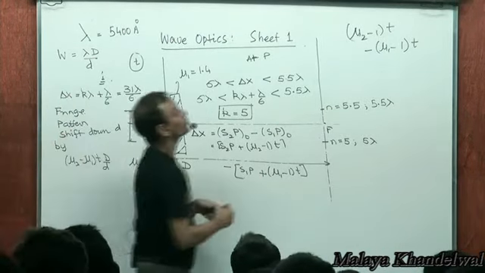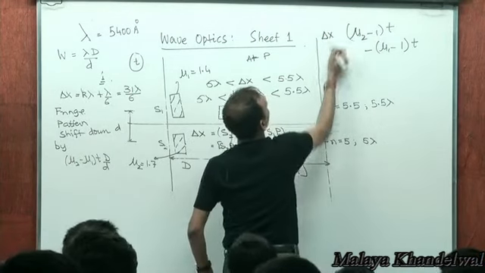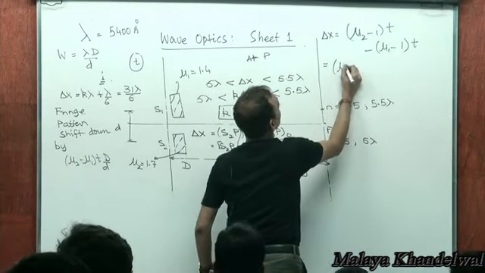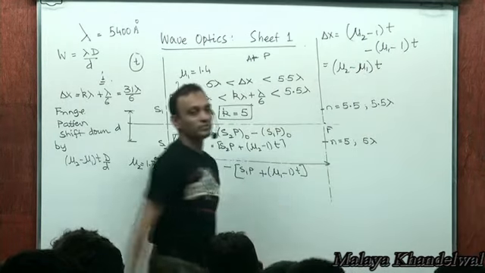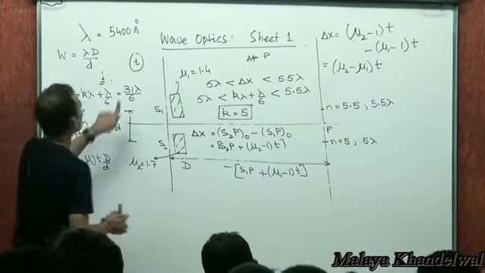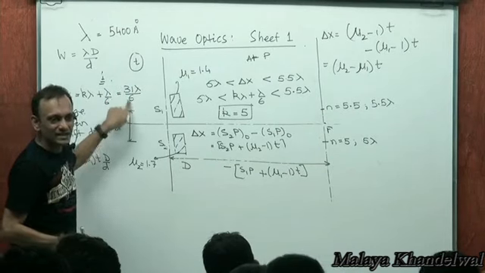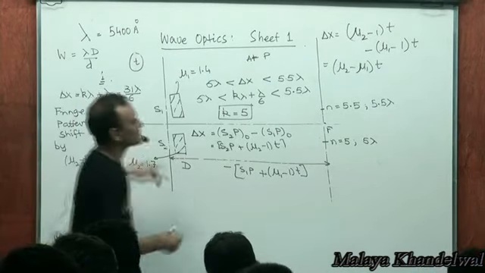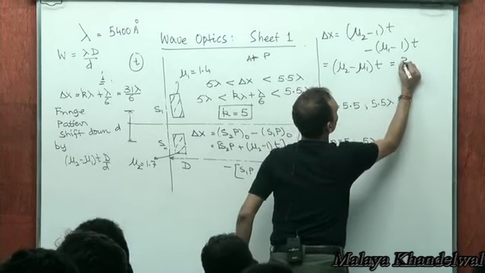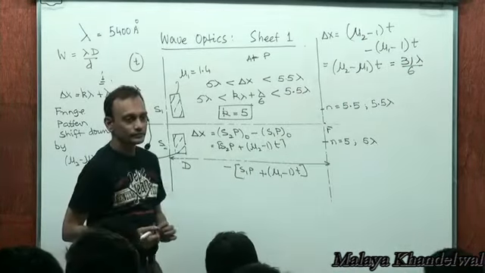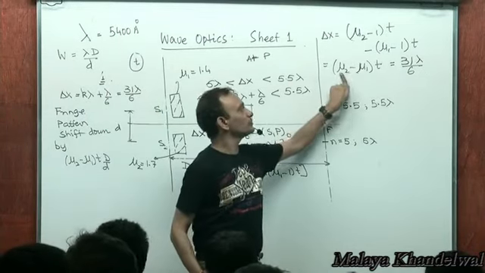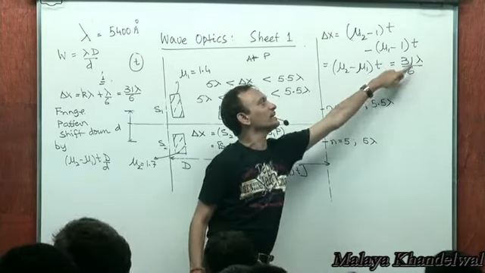Clear? So the path difference at P is mu2 minus mu1 into T, which is 31 lambda by 6. So this is 0.3T equals 31 lambda by 6.